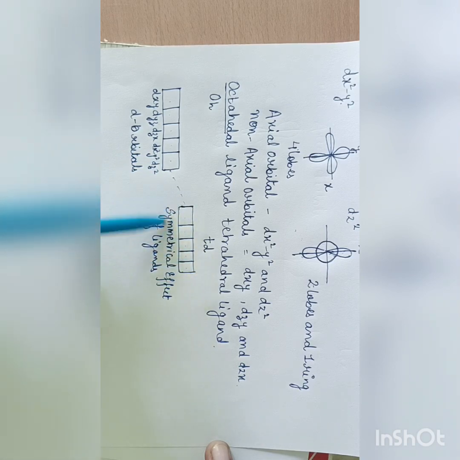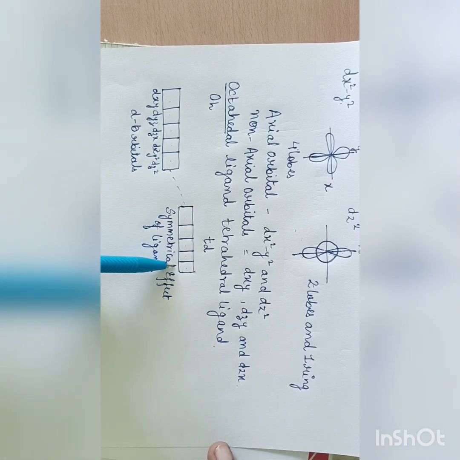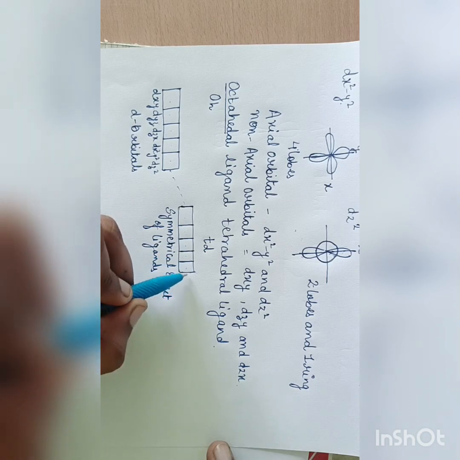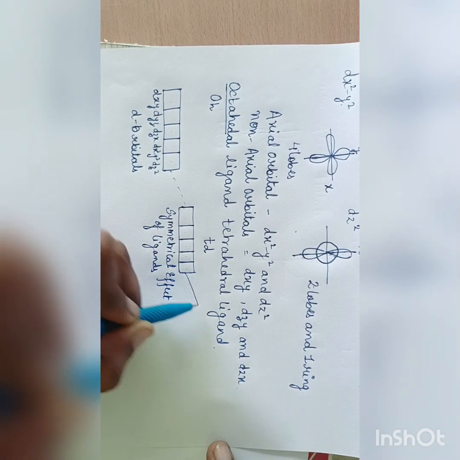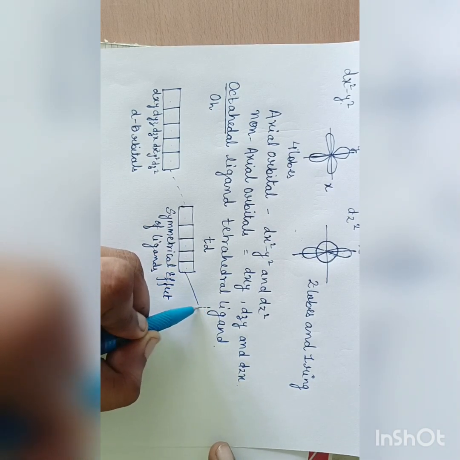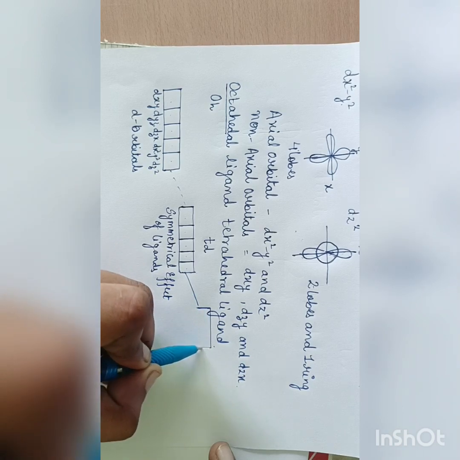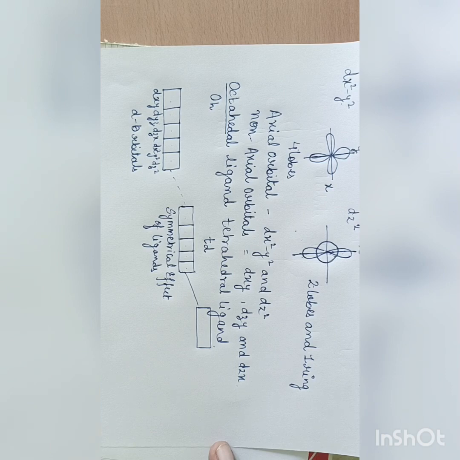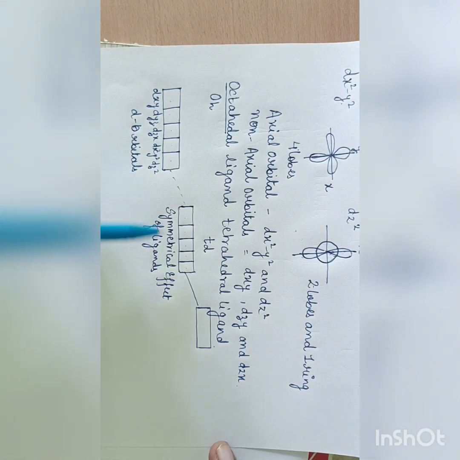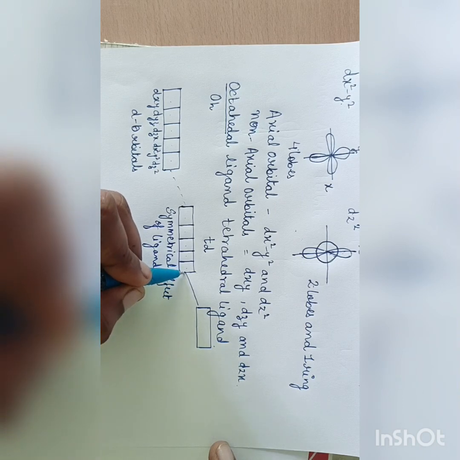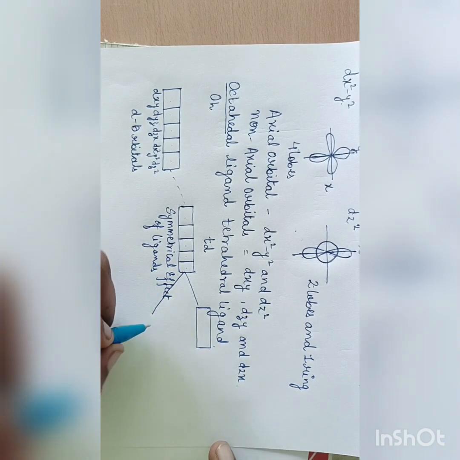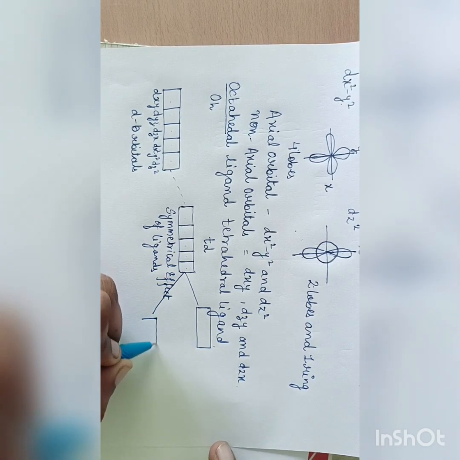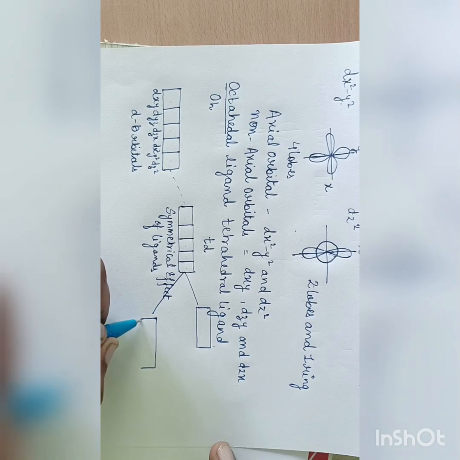Now, when the ligands approach completely, when the metal feels the interaction between the ligands and the metal, the energy of the d orbitals is changed.